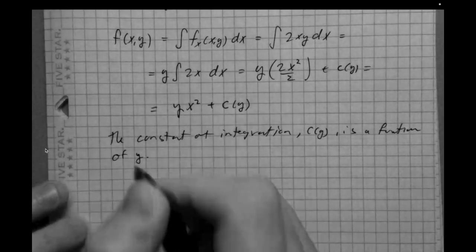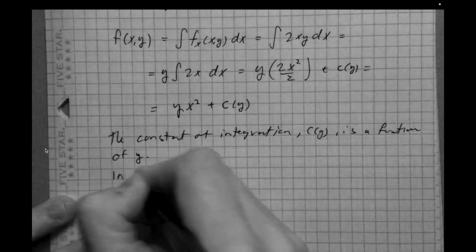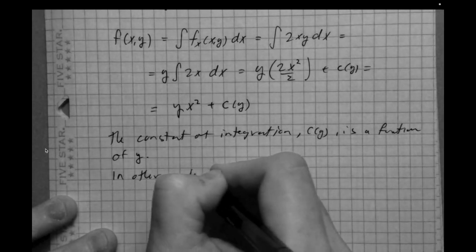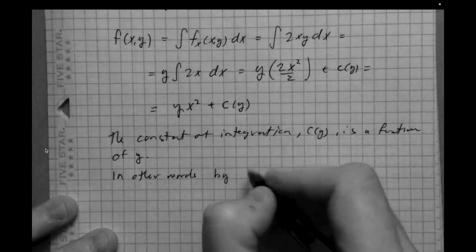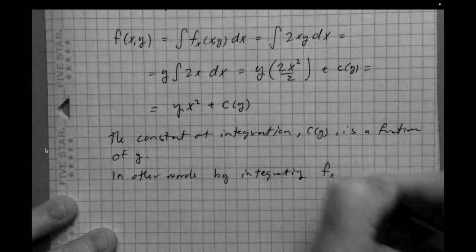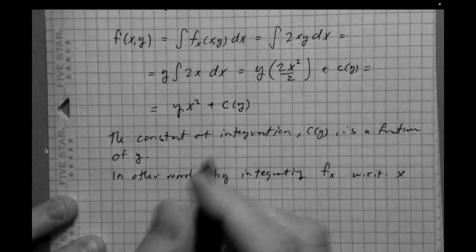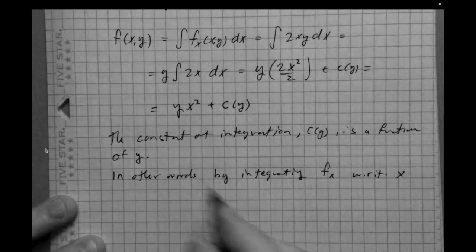So what does that mean? In other words, by integrating the partial derivative with respect to x, we're able to recover the original function only partially. We can't get it all. By integrating f sub x with respect to x, we can recover f only partially.